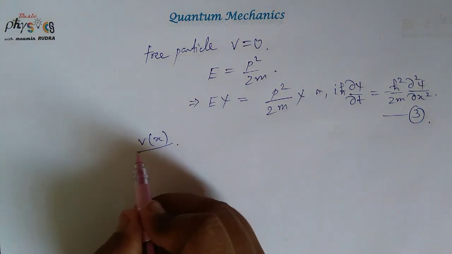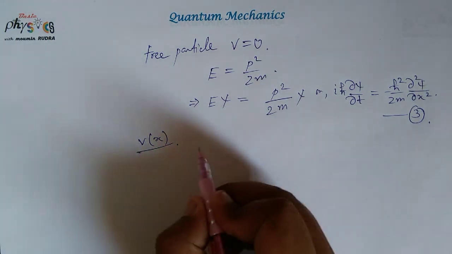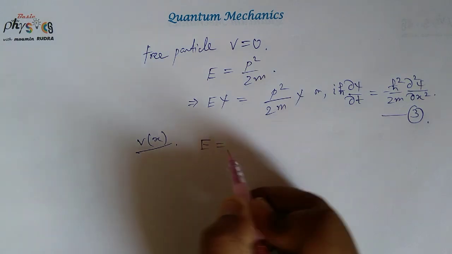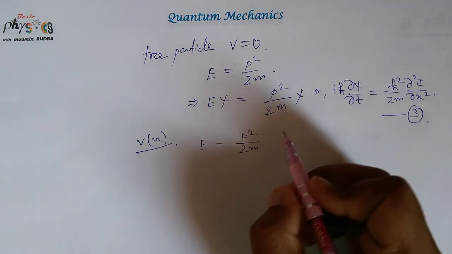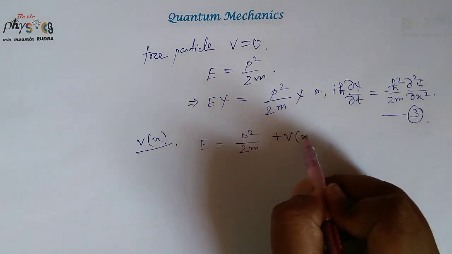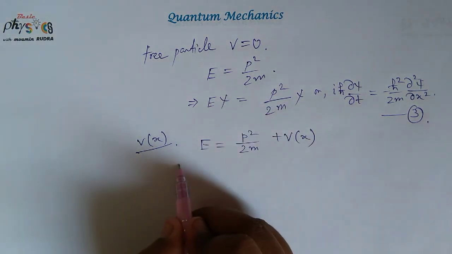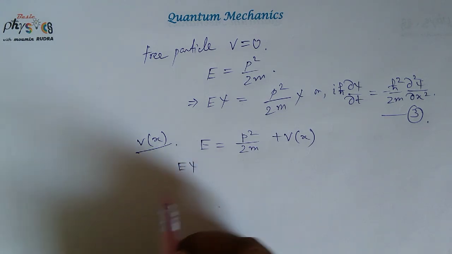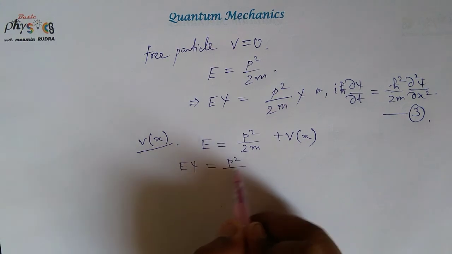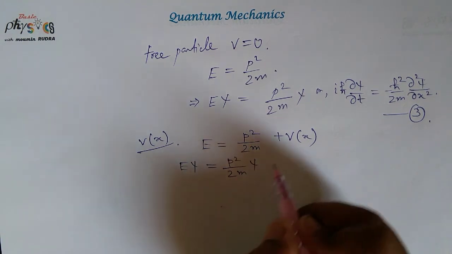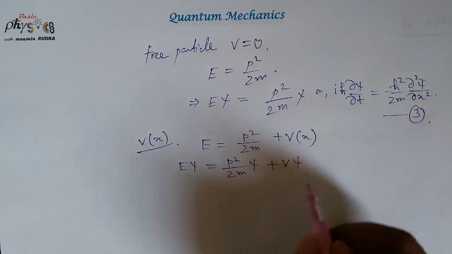So the total energy will be kinetic energy plus potential energy. Again we use E as an operator: p square by 2m psi plus V psi.